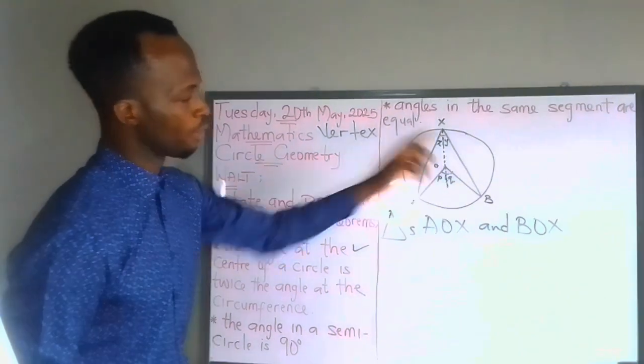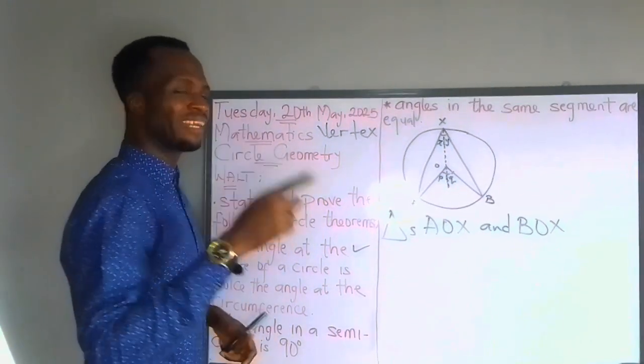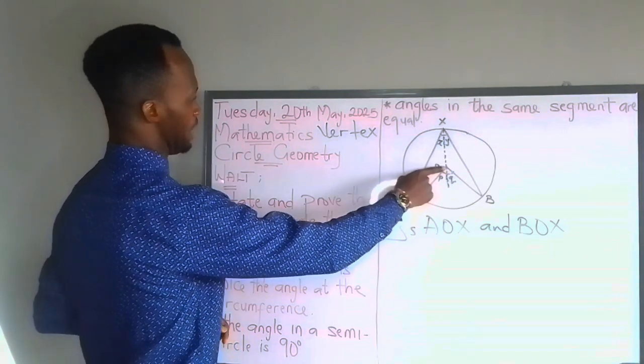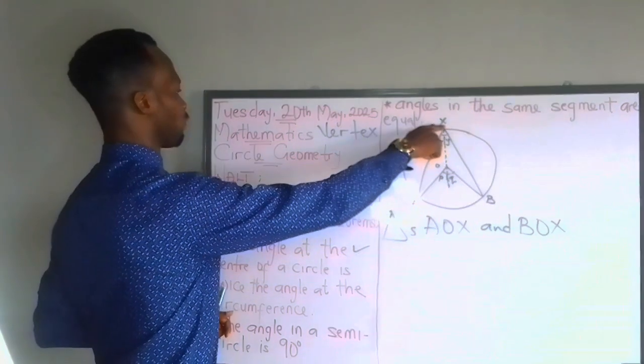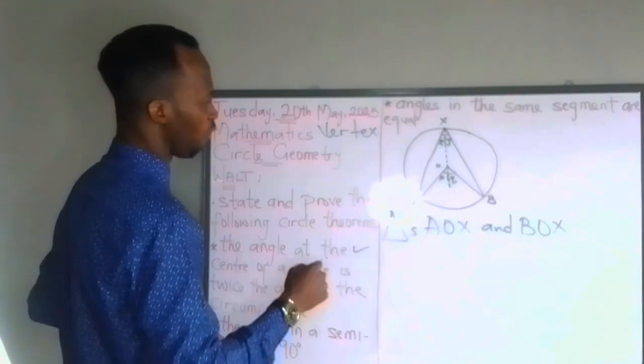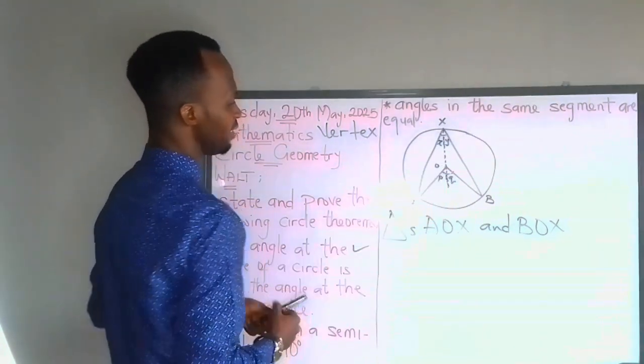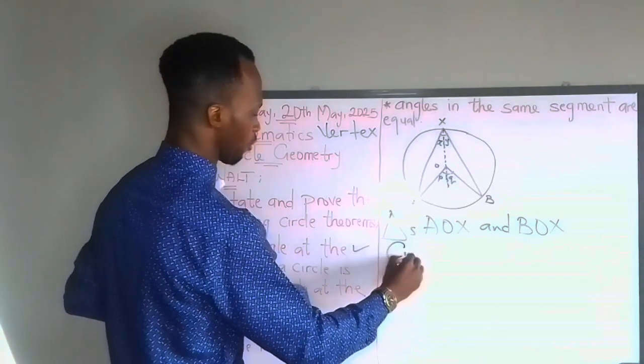Another thing for you to take note of is that a line drawn from the center of the circle to any point on the circumference is a radius. We have seen this before. This is O. OA is a radius.